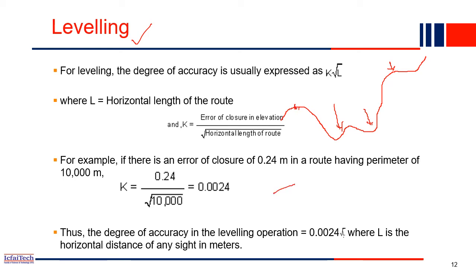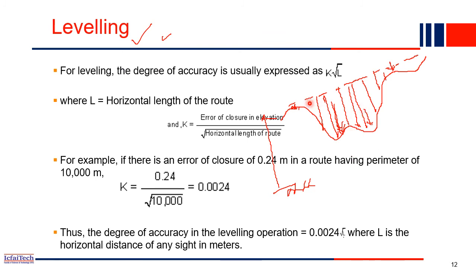Means you have some standard height from mean sea level, what is the height of this point. So from with respect to this line, each point we are finding out what is the height, what is the elevation basically, means what is the height from the standard level, that we call leveling.